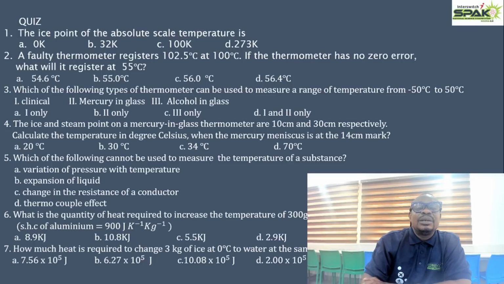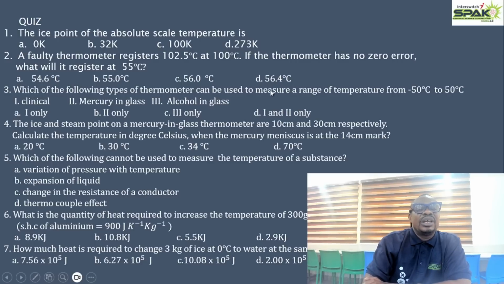Then the steam point of the Celsius scale is 100 degrees Celsius. If you relate it down to the faulty thermometer, it is now 102.5 degrees Celsius. So we are now asking, what then will be the 55 degrees Celsius? What will it register in the faulty thermometer? So you just interpolate.